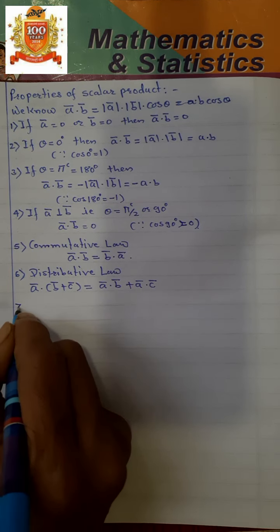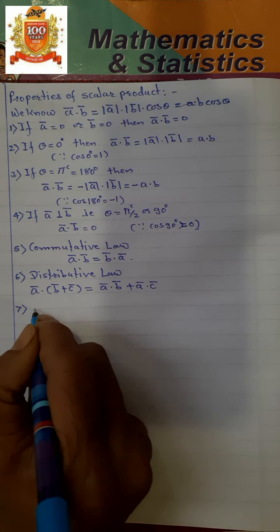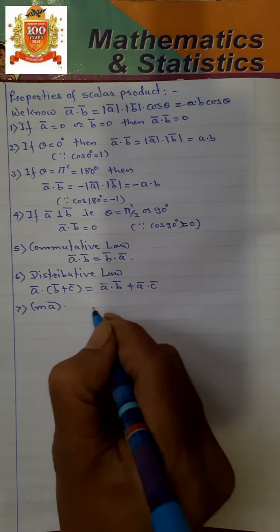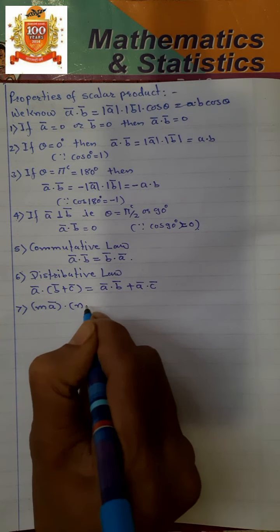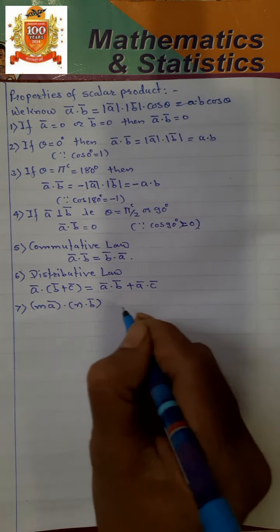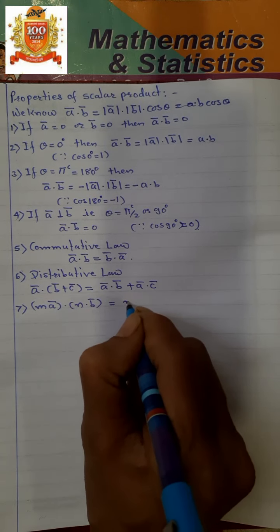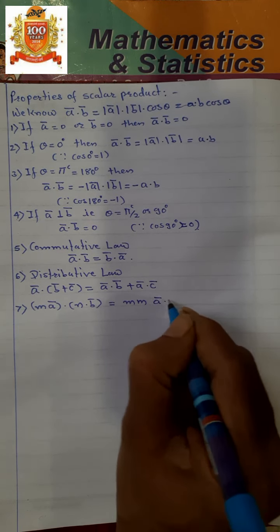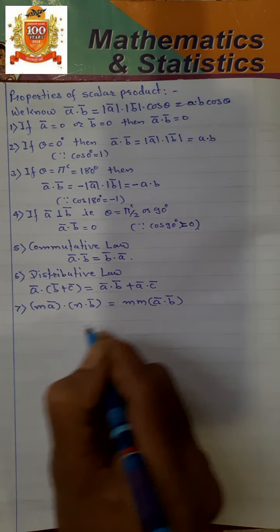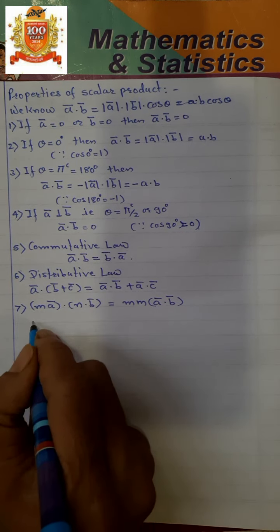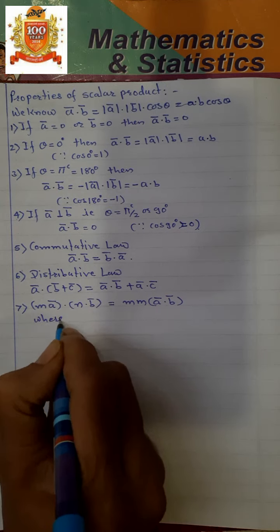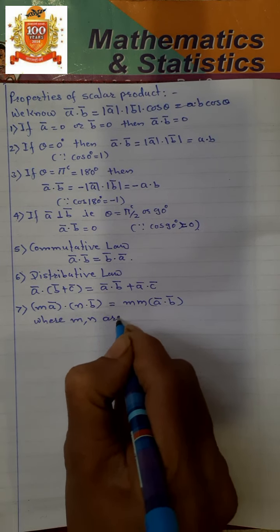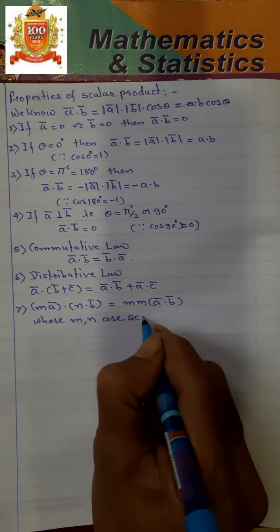Next rule is seventh. m into a bar dot n into b bar is equal to mn a bar dot b bar, where m and n are scalars.